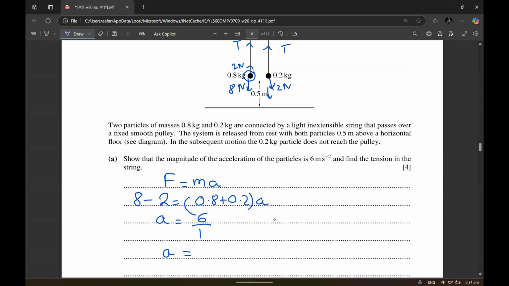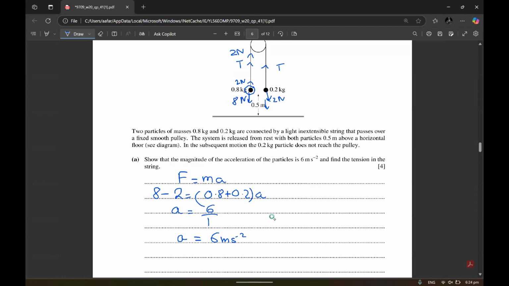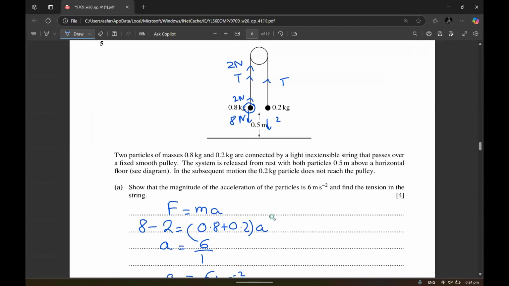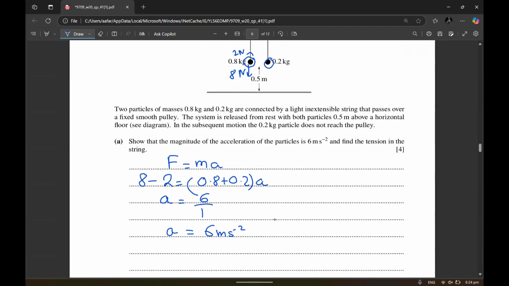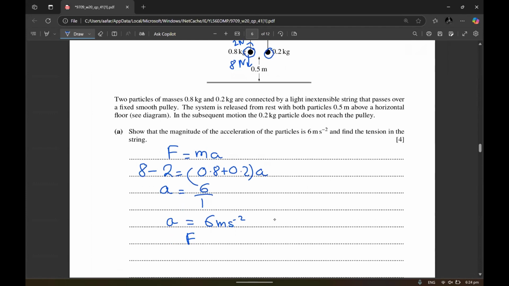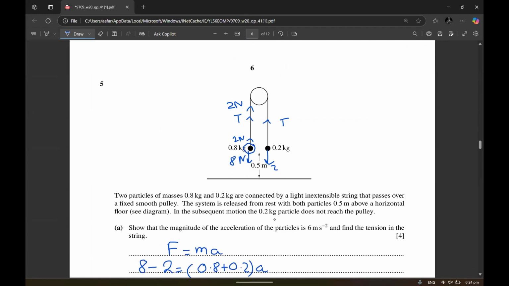Is equal to 6 meter per second square. That's proven. Now we find the tension. From the perspective of the smaller particle, 0.2 kg, you know that F is equal to ma. So it has a weight of 2 Newton acting downwards and tension acting upwards.